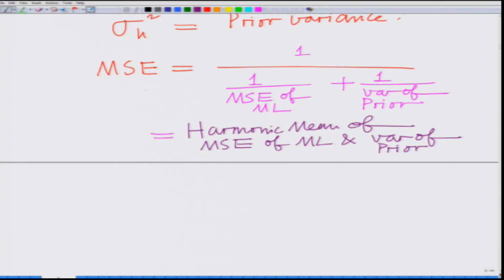So this MSE, remember, is less than both; the harmonic mean of both is less than the MSE of ML.